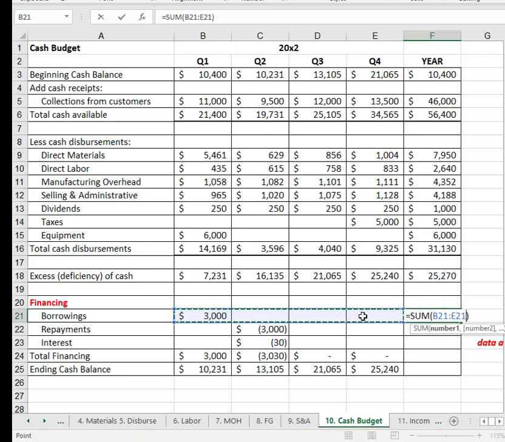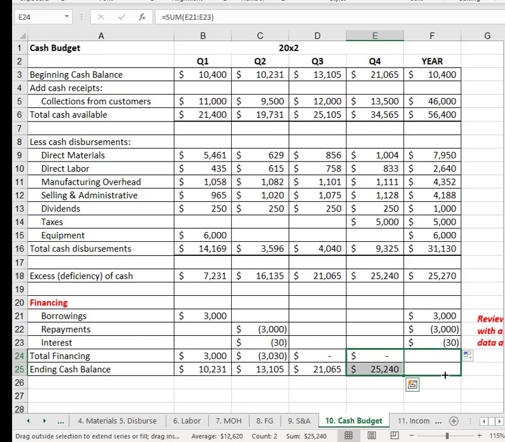So now I have to tell it what I really meant. There we go. And this is a nice check figure because this column is not just the sum of the first 4 quarters. This was the beginning of the year. And so this down here, if you've done it correctly, the ending cash for the year should be the same as the ending cash for the 4th quarter.